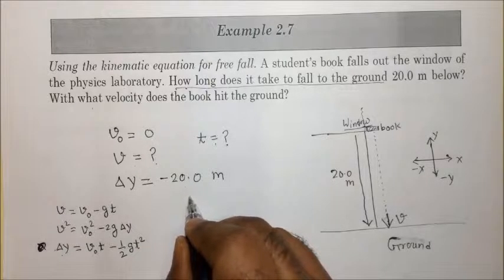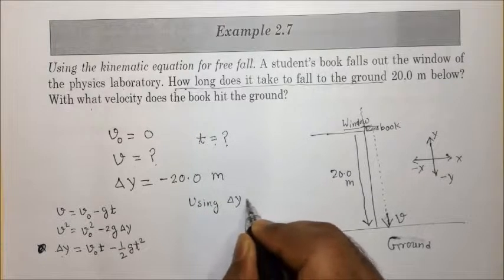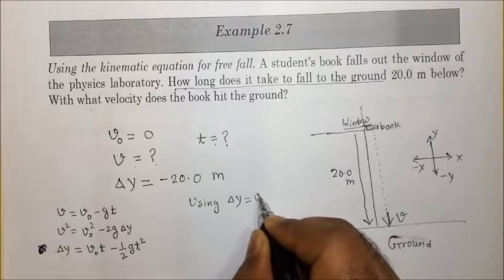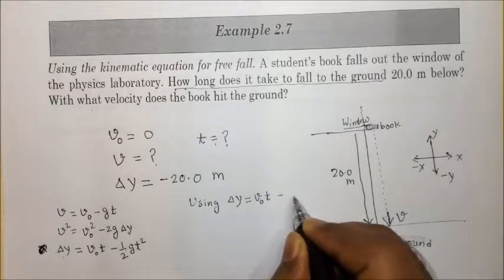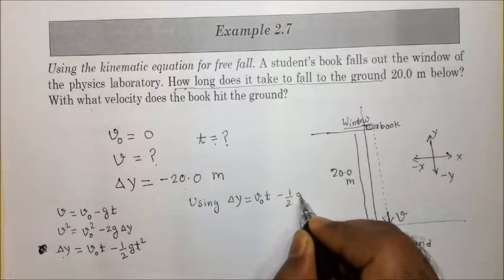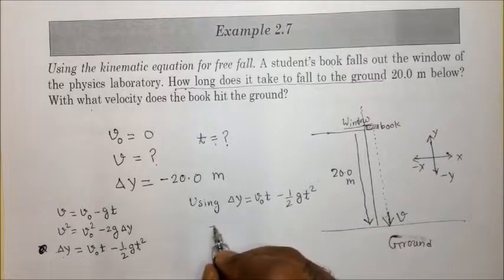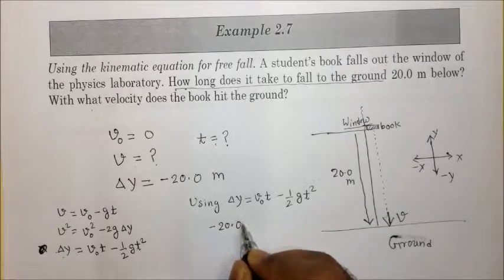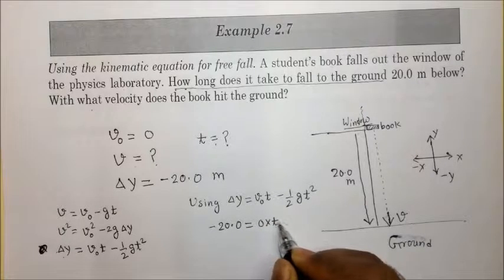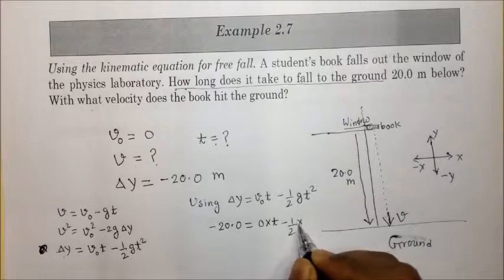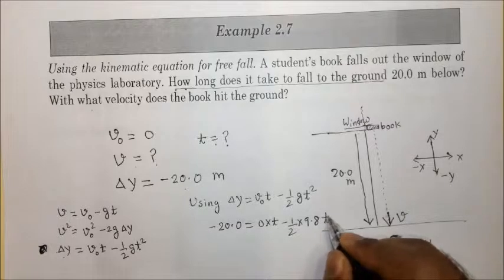So using delta y is equal to V initial t minus 1/2 gt square, this is minus 20.0 is equal to 0 times t minus 1/2 times 9.8 times t square.